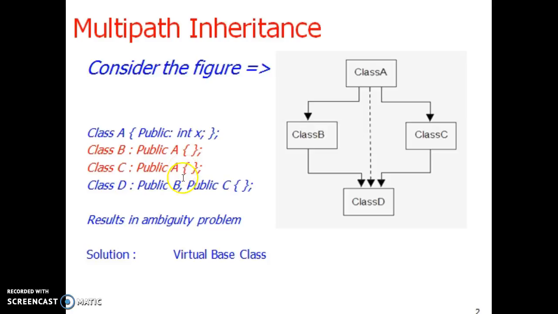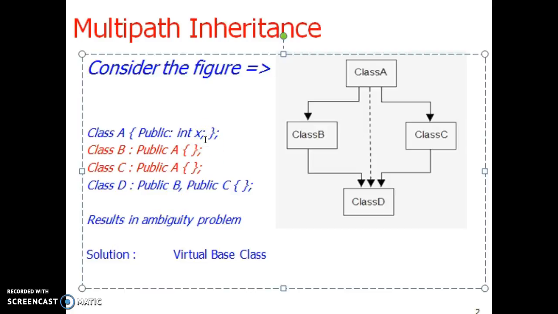That means two copies of data member x are available in class D. So at this time, when the compiler tries to access the data member x, it will get confused because two copies of the data member are available and it will not know which one to access, and this results in the ambiguity problem.